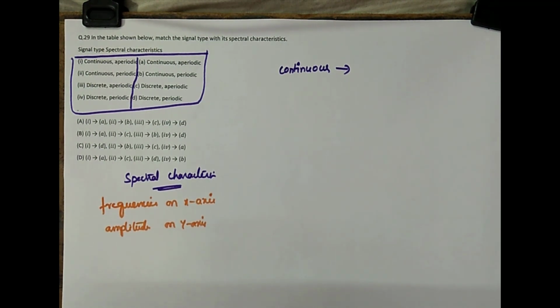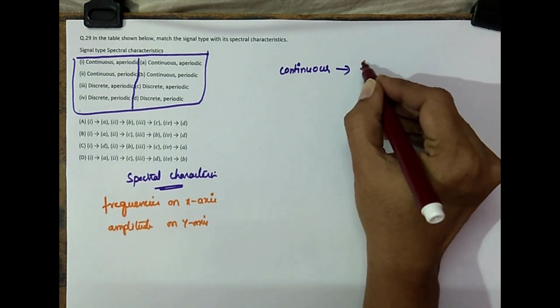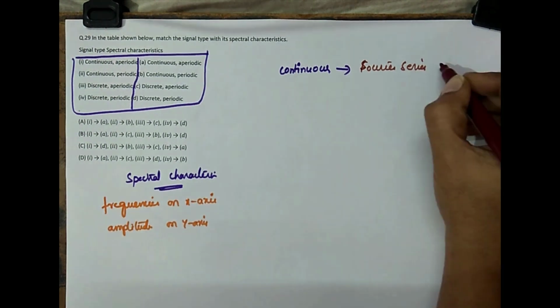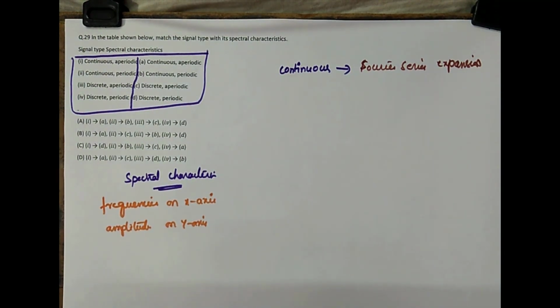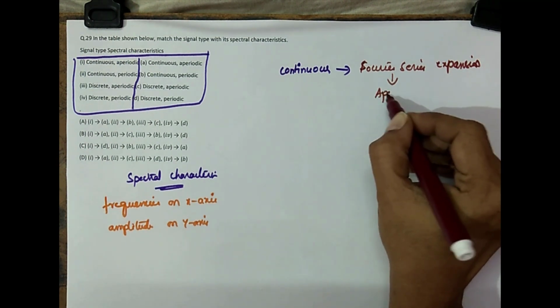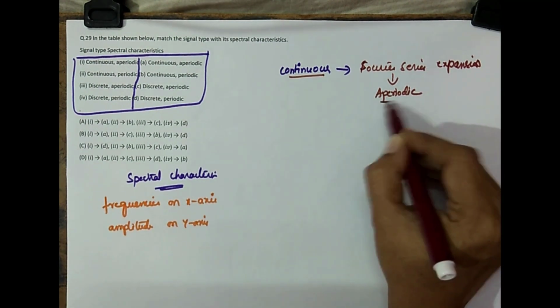Okay. So for continuous type, to get these frequency components in a continuous signal, we go for Fourier series expansion. And we know Fourier series expansion consists of various frequency components, harmonics, even harmonics, odd harmonics, etc. So for continuous signals, the spectrum is aperiodic.